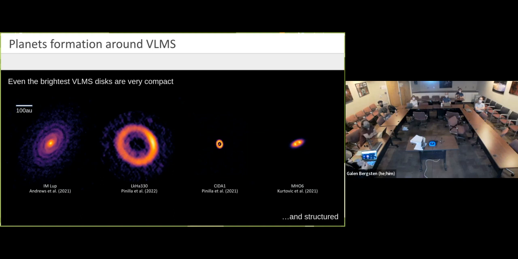But it seems like their planetary architectures will be different from the very beginning. It's possible that these disks are just born smaller compared to these older ones that are huge. It's something to be tested, but definitely dust radial drift is playing a role in here, taking all the material from the disk and putting it really close to the star.